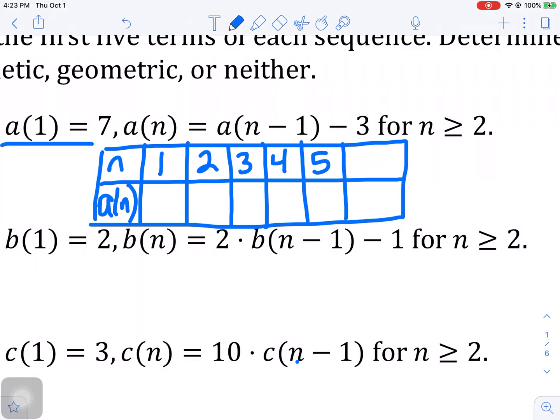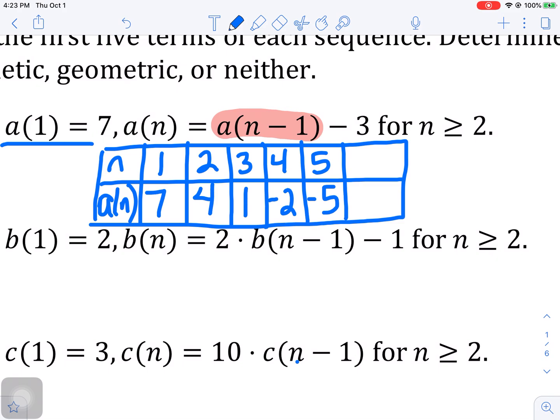So if a of 1 is 7, then the rule says to take the previous term and subtract 3. So a of 2 would be 4, and then we subtract 3 again and get 1, and subtract 3 again and get -2, and then the 5th term would be -5.